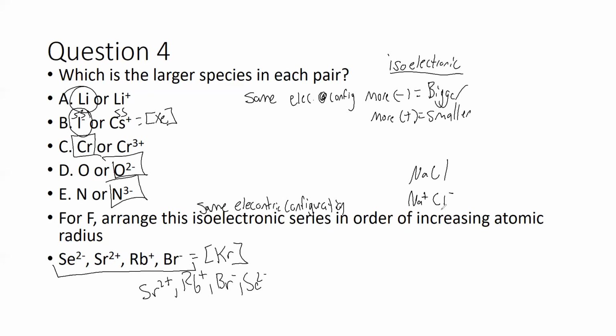So chlorine in sodium chloride is much bigger than sodium. When you see images of this on the internet, that would be sodium, that would be chlorine. Chlorine is massive compared to sodium. And it's all due to the outermost orbital.